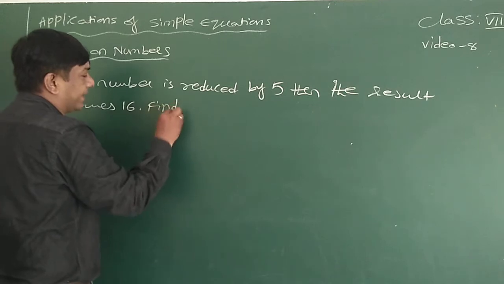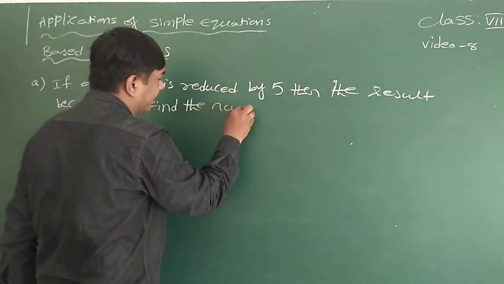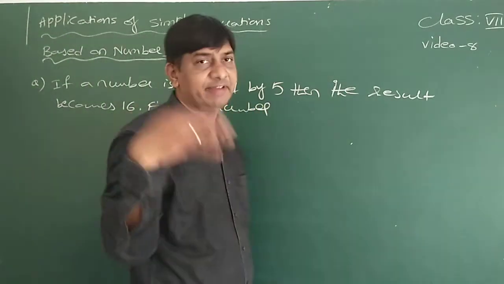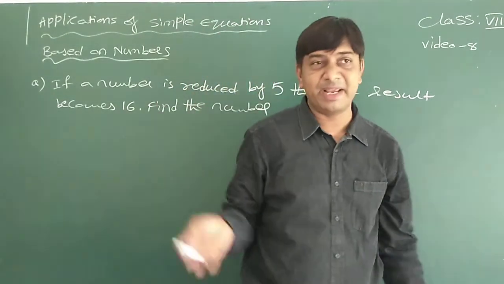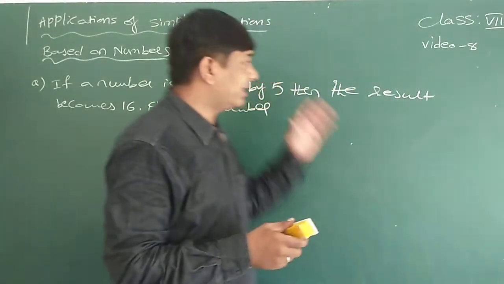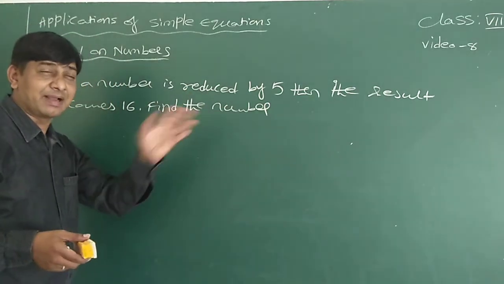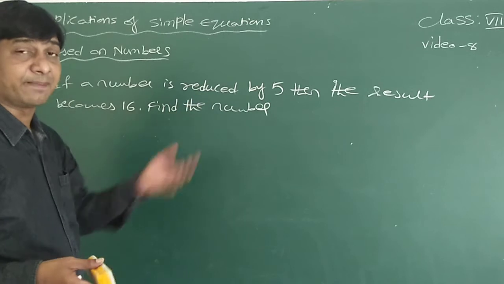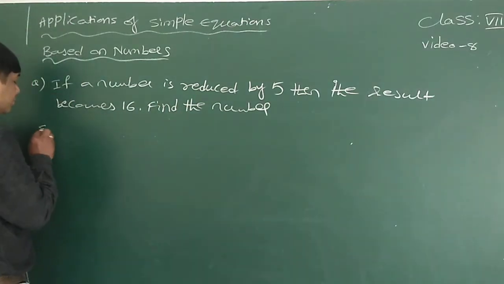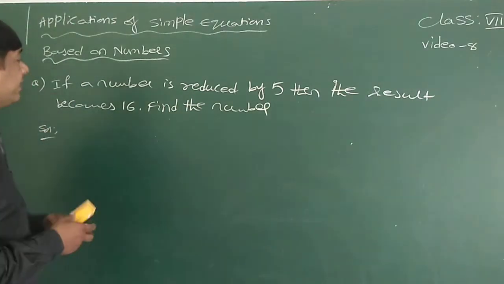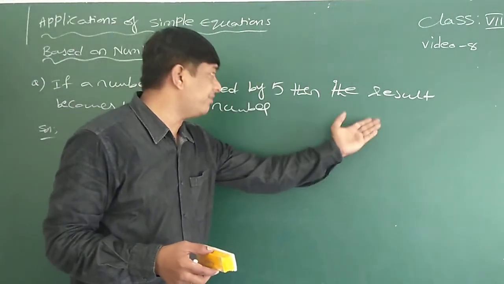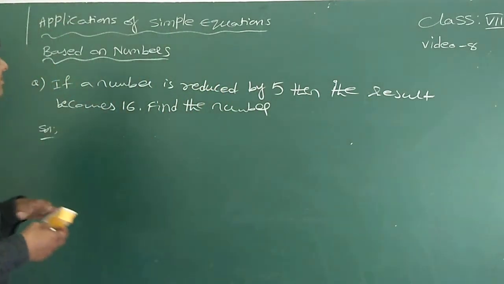Find the number. Find the number in verbal form. Not only the x value, sometimes they may ask a particular question, and that only you need to find out. Find the exceeded number, or find the reduced number, like that they may ask. So read the question carefully here.